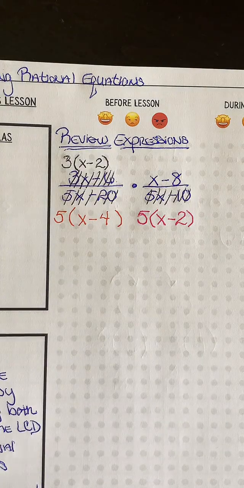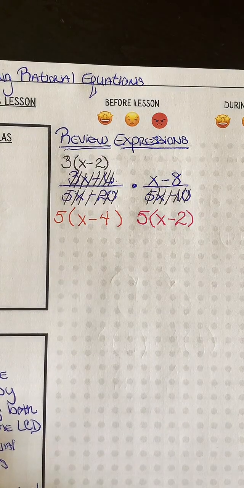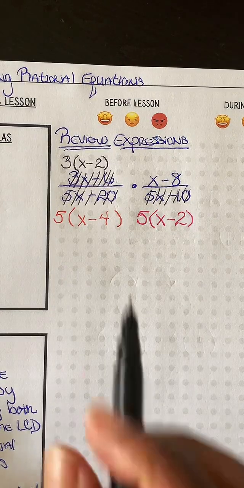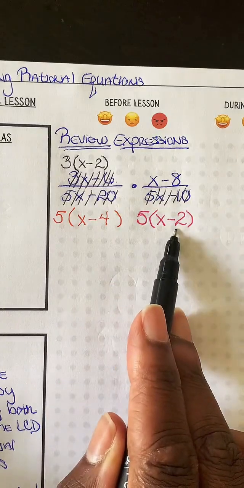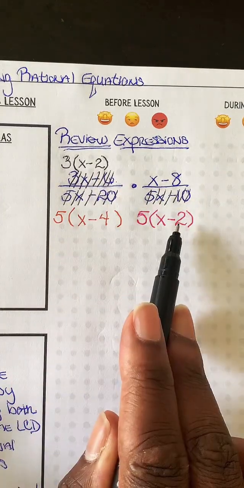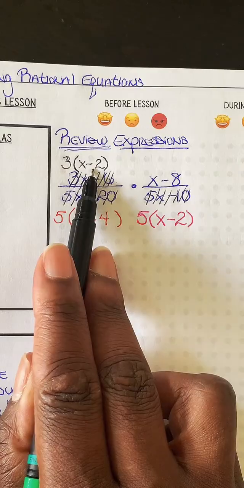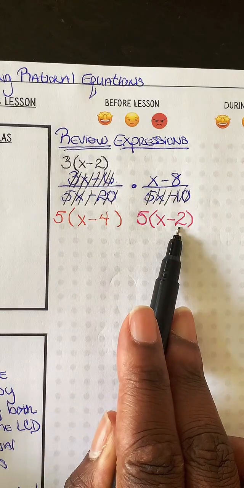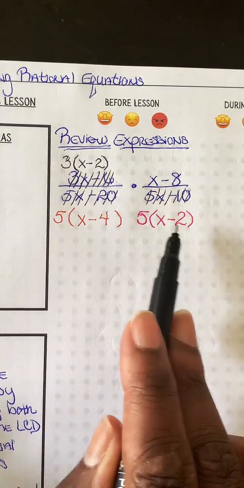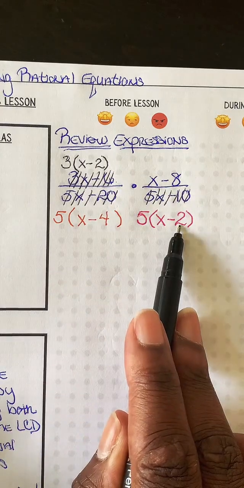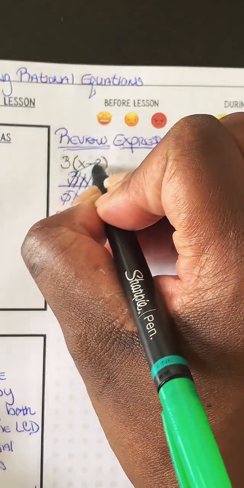Okay? If you notice, they have x minus 2: x minus 2 in the numerator, x minus 2 in the denominator. If I divide those two things out, they will give me 1.